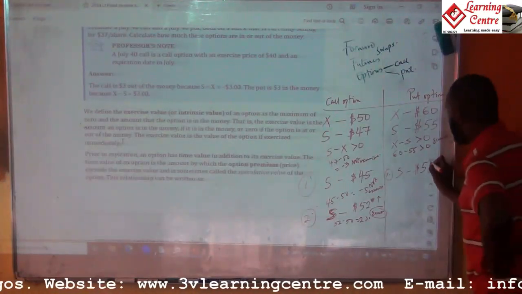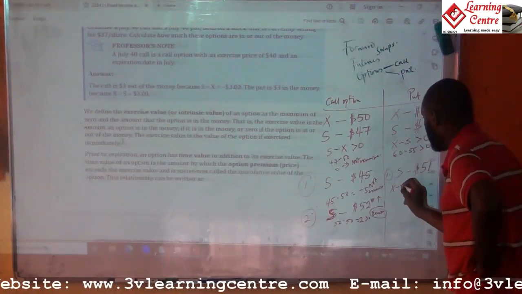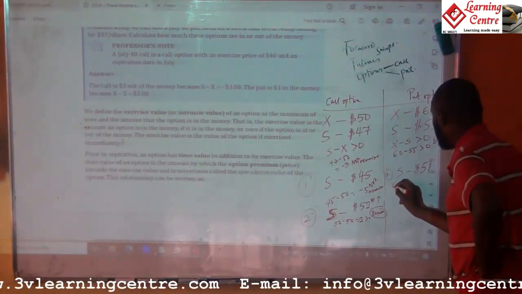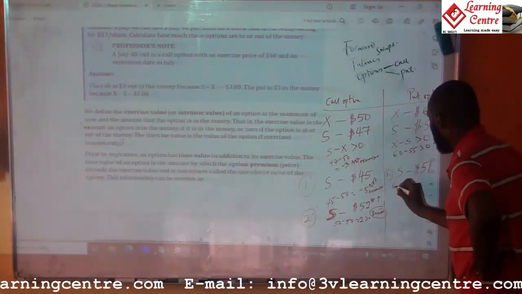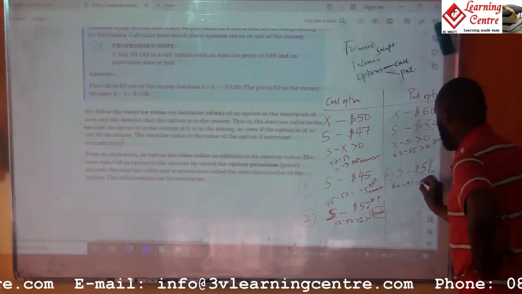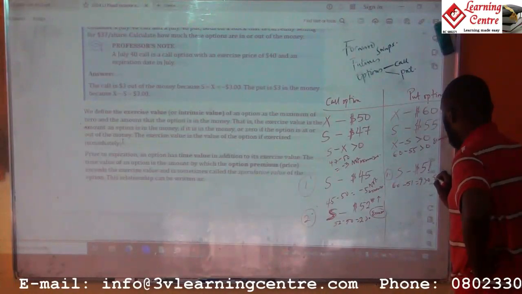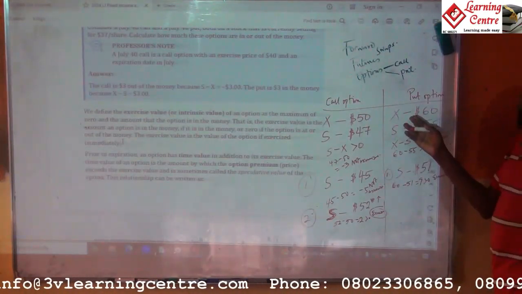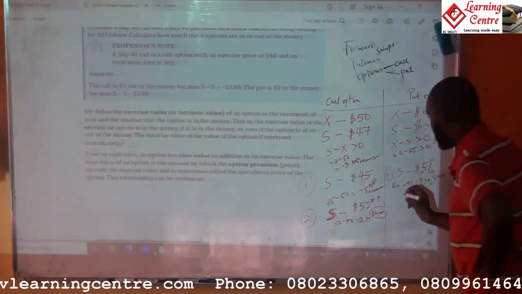So if I reduce this, 60 minus 51 is 9, which is greater than 0. So I will exercise because the price that I agreed is greater.